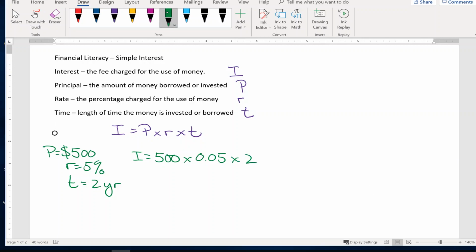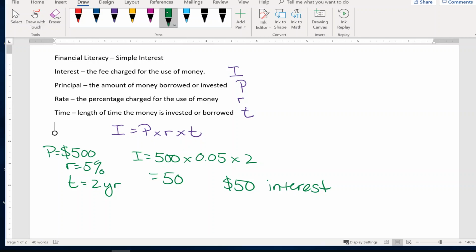So now when we calculate this out, this is 50. So our interest that we have to pay is $50 interest to borrow that money at 5% over 2 years. That's how much is the fee for that.